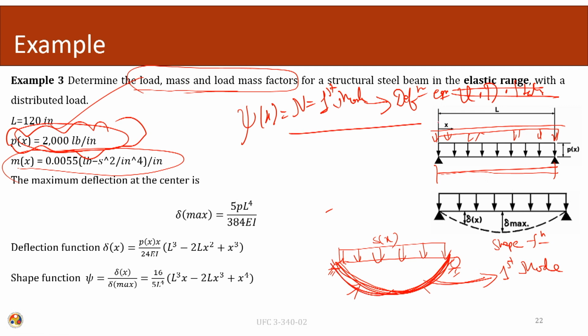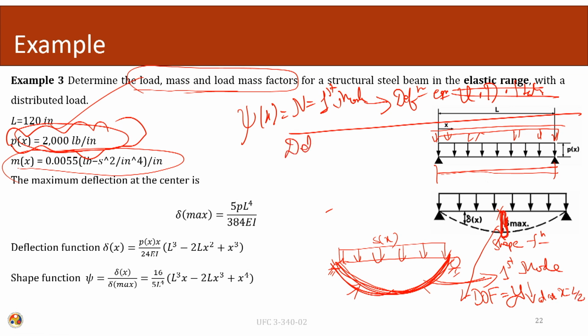Then, if the required degree of freedom is at the center, let us say we are interested in the maximum deflection, it will occur at the center. So, the chosen degree of freedom becomes the vertical displacement, y vertical at center, or at x equals L over 2.